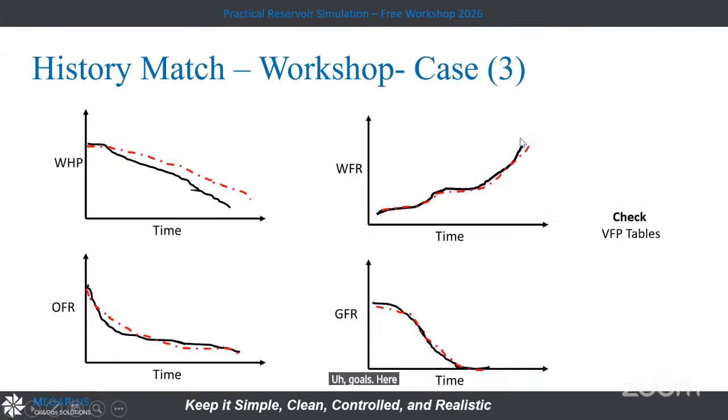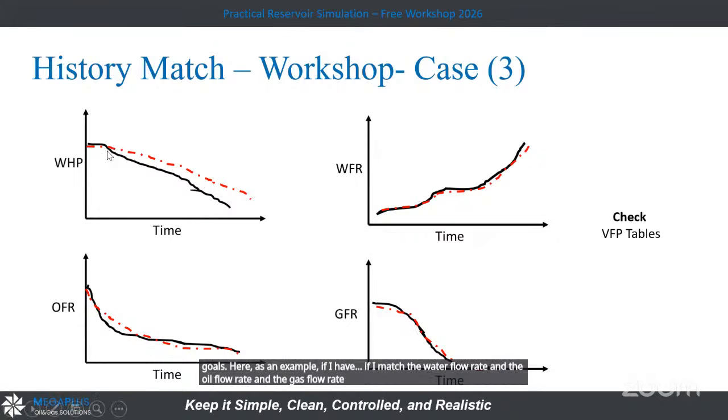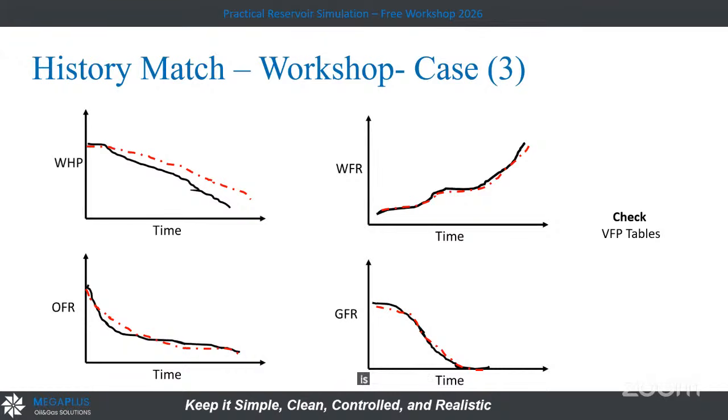Here, as an example, if I match the water flow rate, the oil flow rate and the gas flow rate, and the wellhead flowing pressure is not matching, then go to the VFP table that I told you about. The table that I inserted is not 100% right. It must be adjusted so I can match the wellhead pressure.